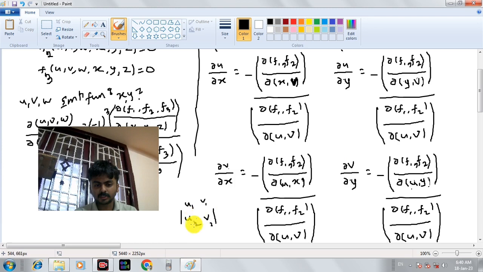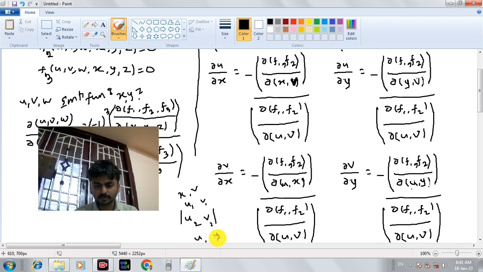So first of all, in the numerator, v should come in the second position. Instead of u we are writing x in the first position, so v will be in the second position. While we are writing v with respect to x, u should come as common, and here we are having x or y, whatever it is.